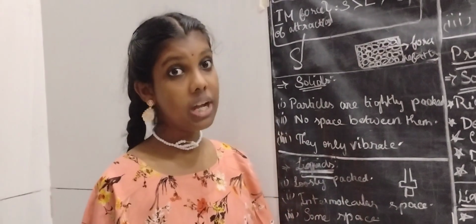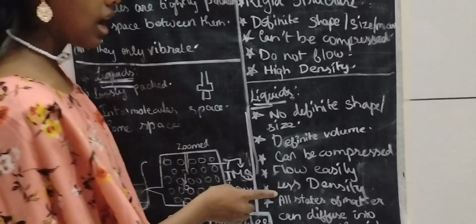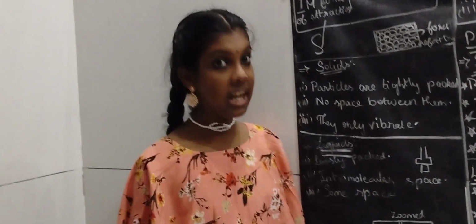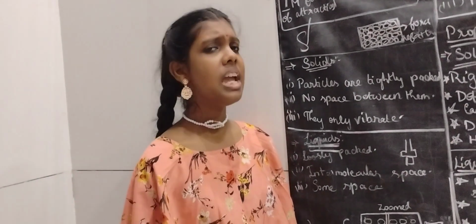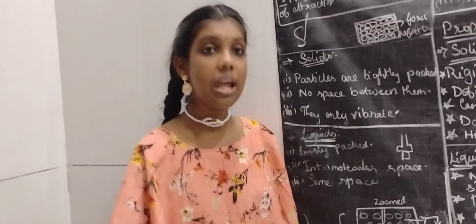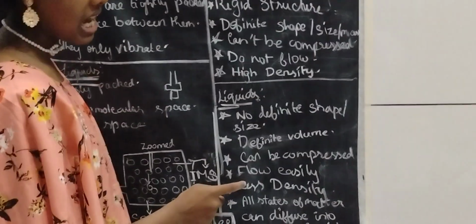You all know, right? So like that, if we put pressure on a liquid, it shouldn't hurt. So it has less density. But we can't say that it doesn't have density itself, it has less density. Only if it has less density can it move easily. That's why we say that it has less density.